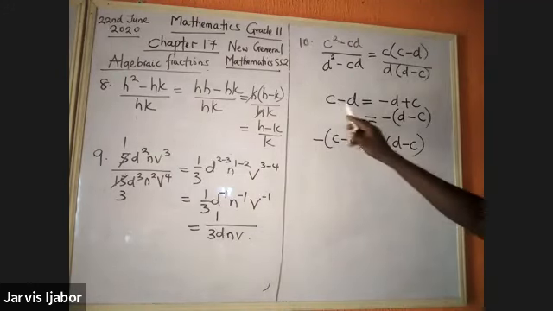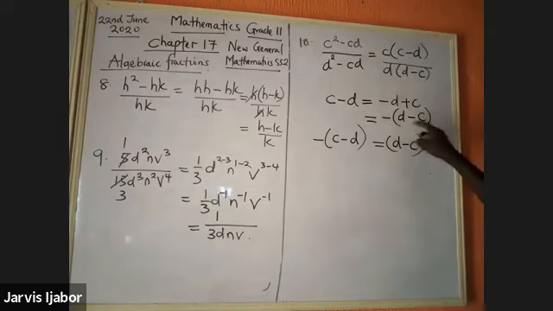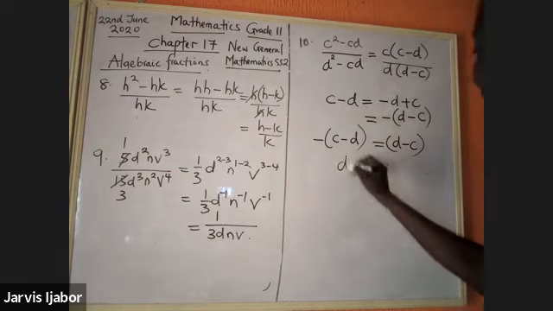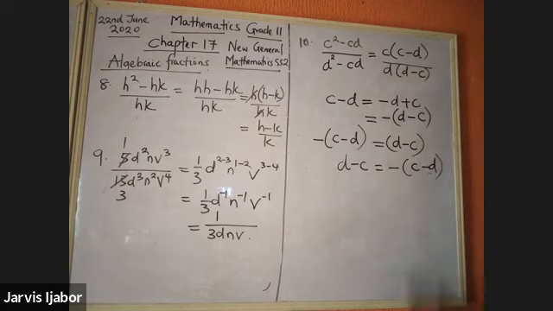Now, c minus d is minus d plus c. Factor negative out of this, and I'll be left with d minus c. So I can say that d minus c is equal to minus into c minus d.